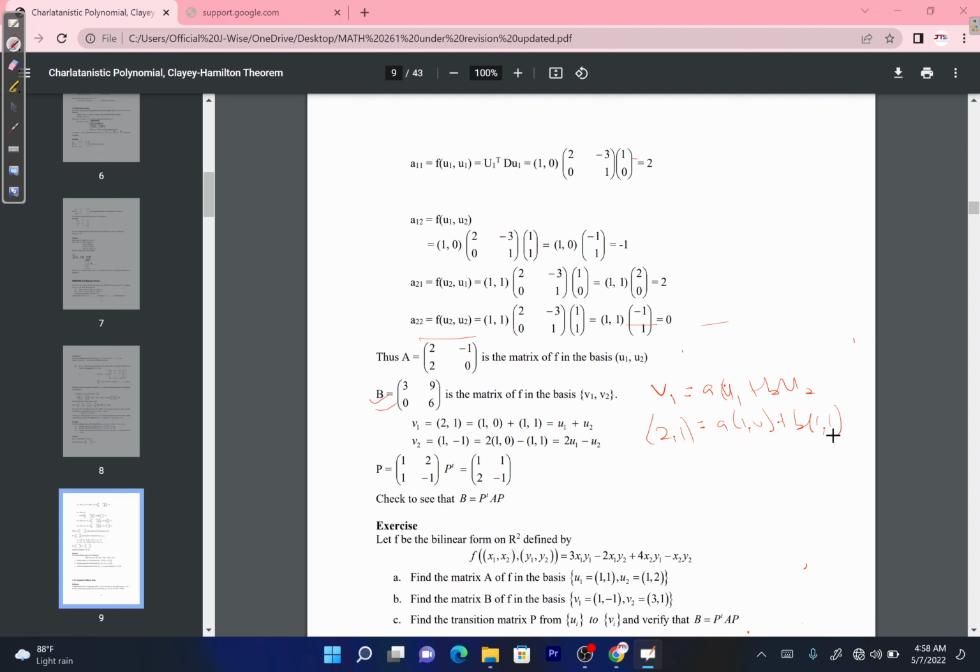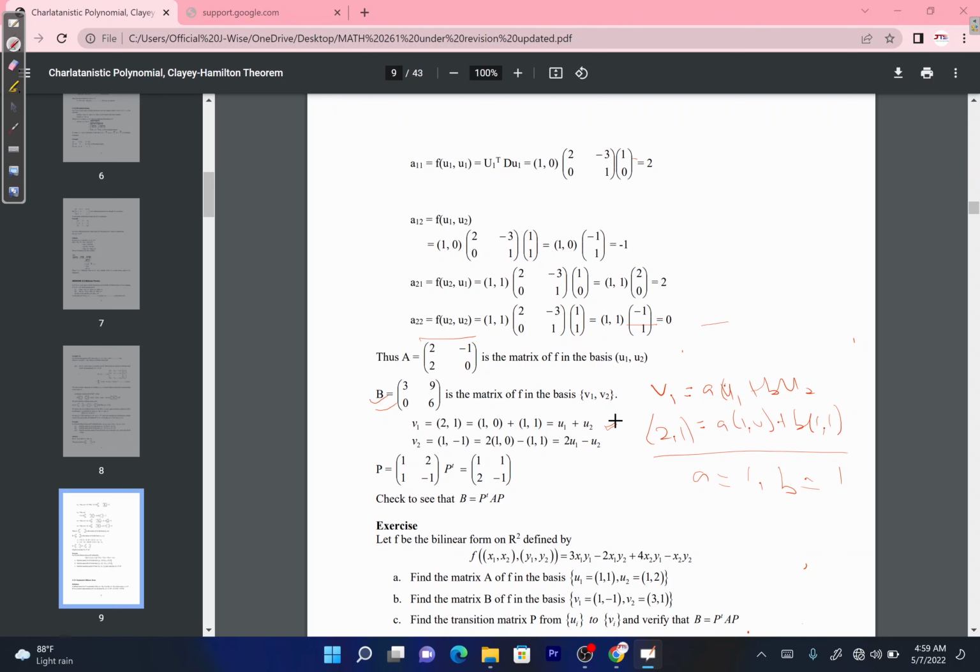So we solve this, it becomes simultaneous equations of two unknowns. You solve the two equations simultaneously for a and b. When you solve for a and b, you get a equals 1 and b equals 1. So our v1 becomes u1 plus u2. That's what we have here.